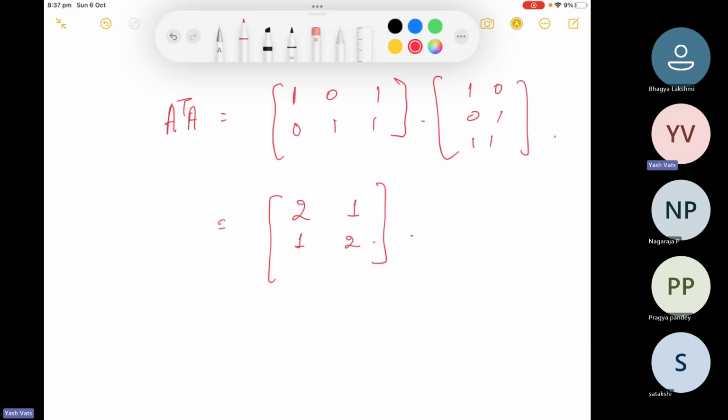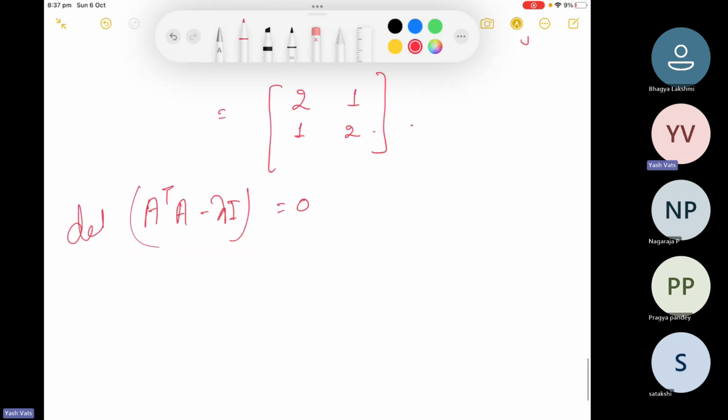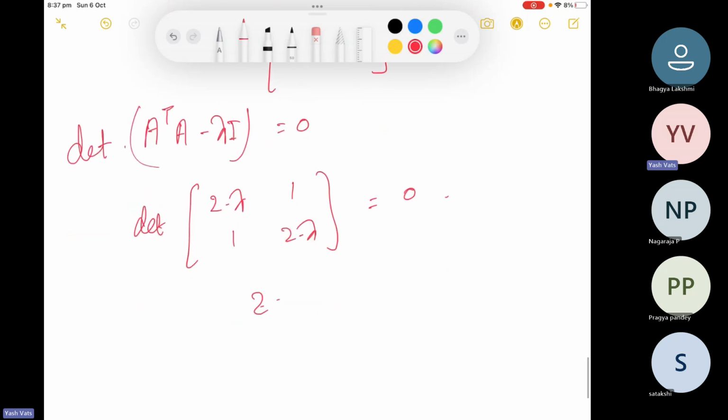So what are the eigenvalues of A transpose A? We have to solve this determinant. So this is 2 minus lambda, 2 minus lambda, 1, 1, equals 0. So (2 minus lambda) squared minus 1 is equal to 0. It means 4 plus lambda squared minus 4 lambda minus 1 is 0.